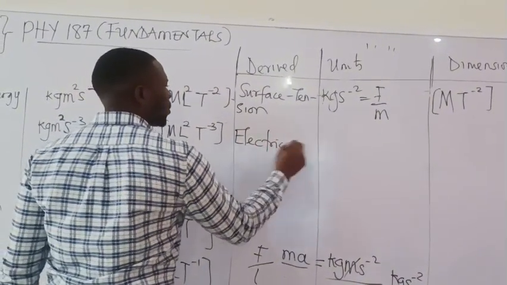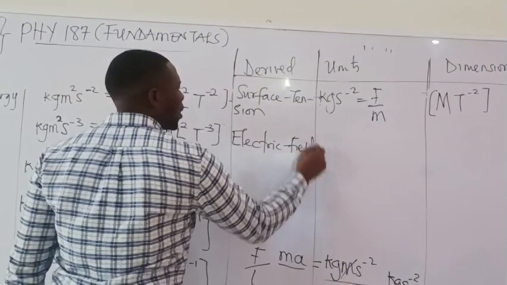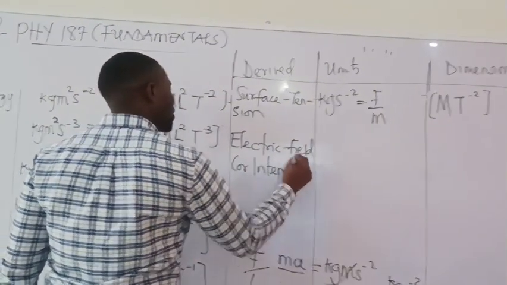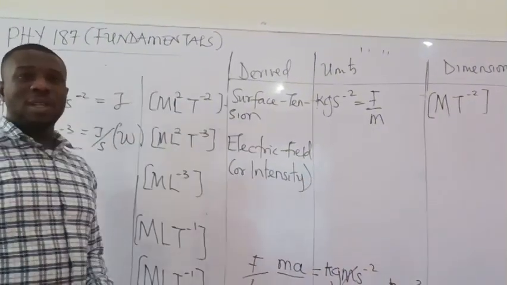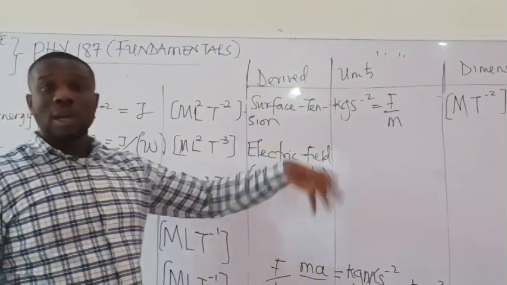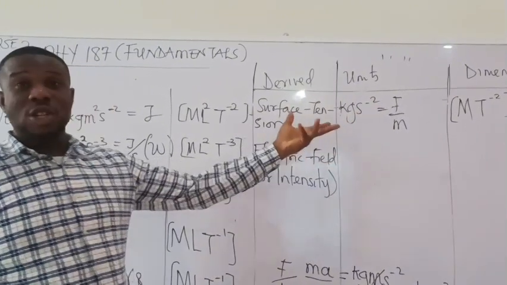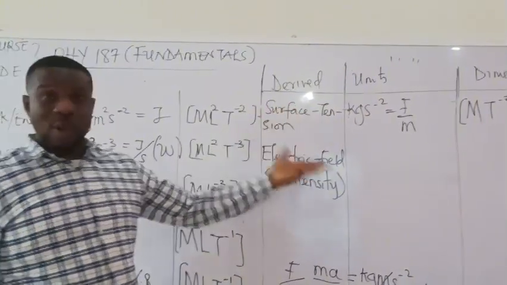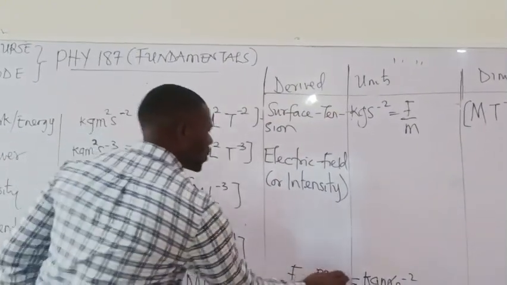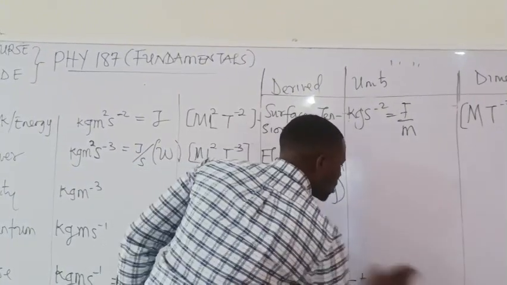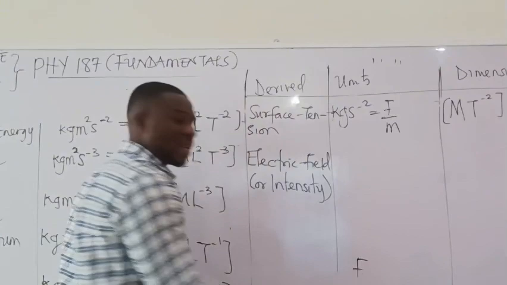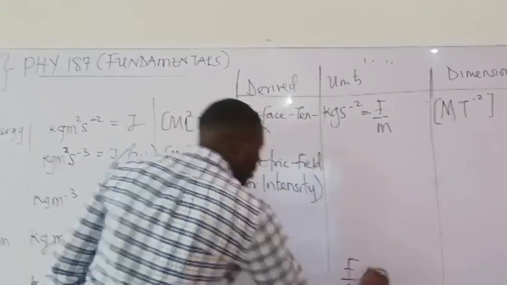All right, now I could switch to electric field. At times they use the word electric field intensity. This is just a representation of what happens around a charge that makes, let's say, a test charge feel the influence of another charge pretty close to it. Electric field is defined as the force expressed by a test charge divided by the test charge itself.